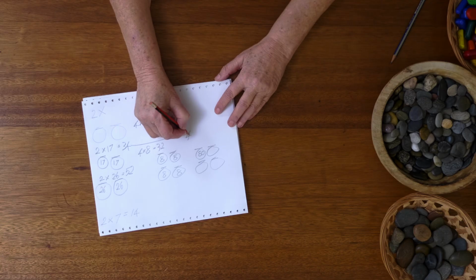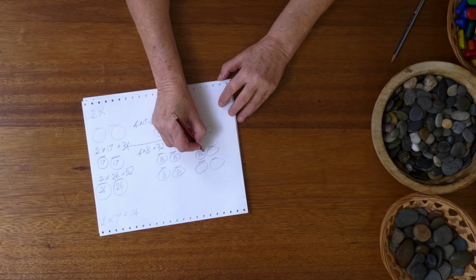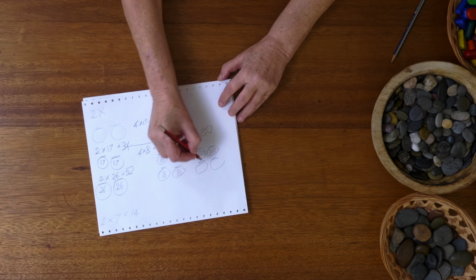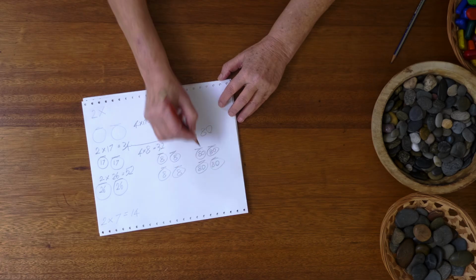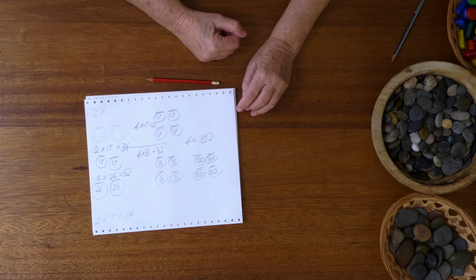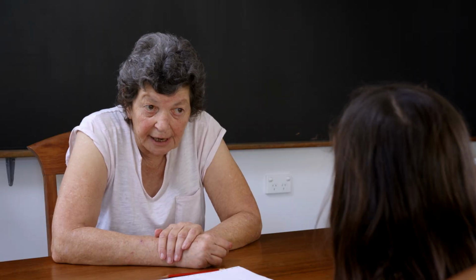4 lots of 8 10s. 8 10s, 8 10s, 8 10s, 8 10s. Where will you start? I'll start here. 2 lots of 8 10s. Again, it's our mirror game.